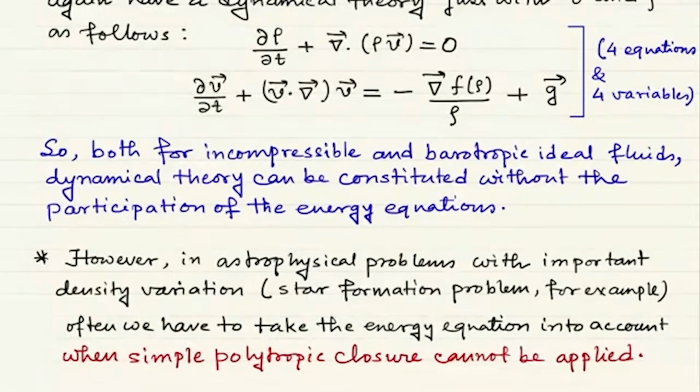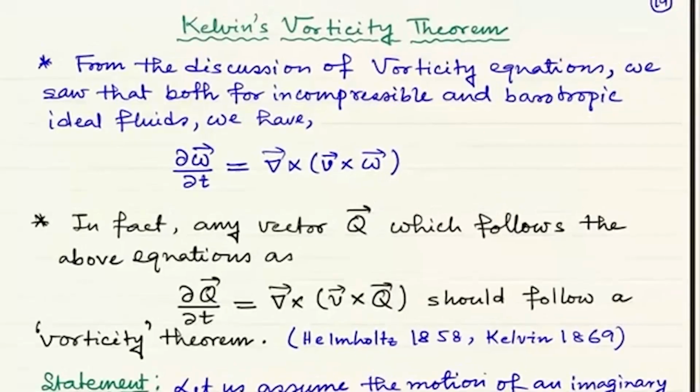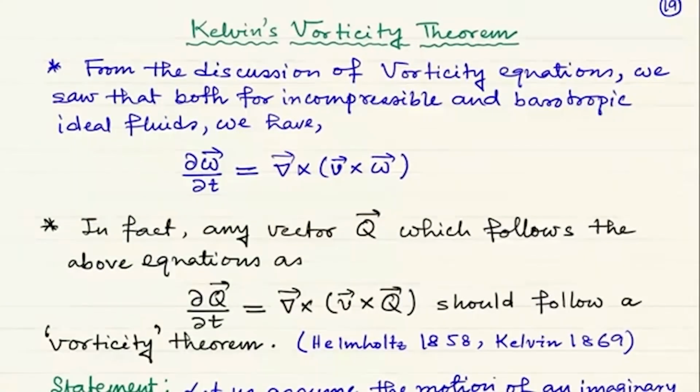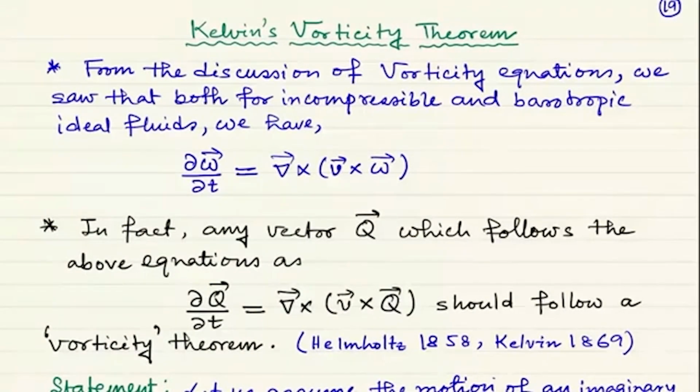Now, from case to case, we will study the nature of the corresponding fluid, and we will try to apply the corresponding property. Okay, that's how it is. So in the next lecture we will discuss a very interesting theorem, which is also a property of ideal fluid. Of course, it is called the Kelvin vorticity theorem. Okay, thank you very much.